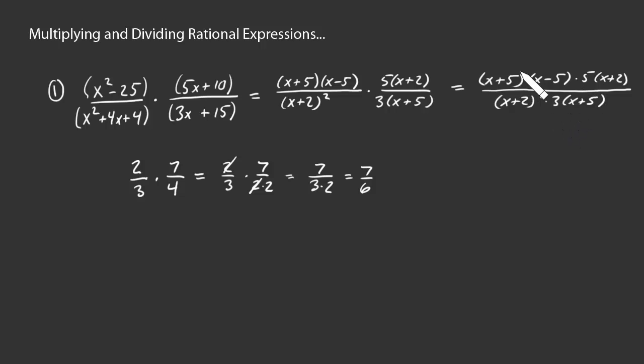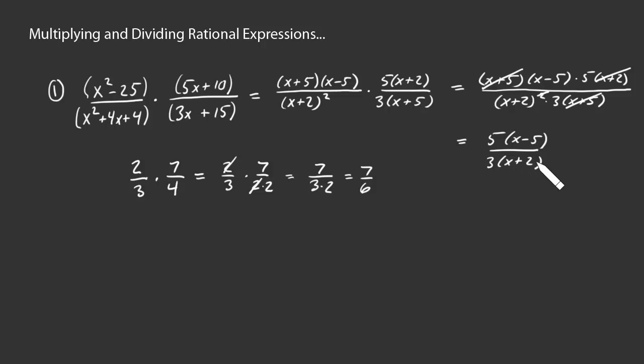Cancel what's common. There's a common x plus 5. There's an x plus 2, which gets rid of one of those. That doesn't look like anything else cancels. Look what we're left with. 5 times x minus 5 over 3 times x plus 2.